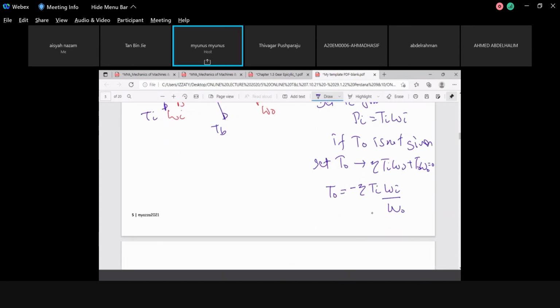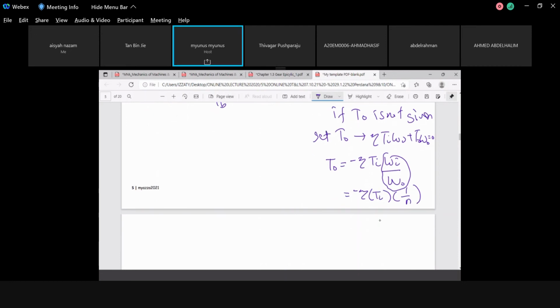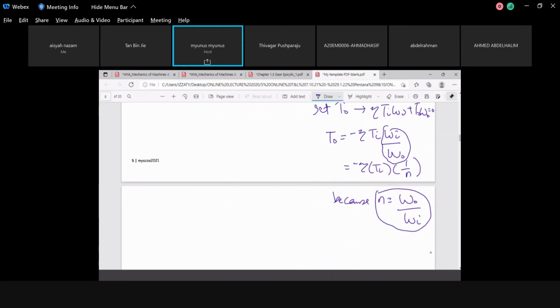Or it can also be written as efficiency Ti times 1 by N, because N is equal to omega O by omega I. How do you get this one? From where, class? Table 2. From table 2.